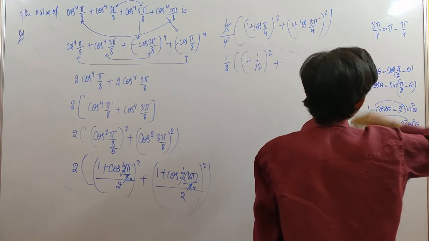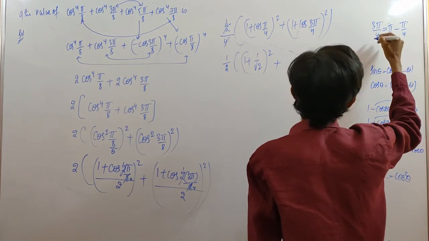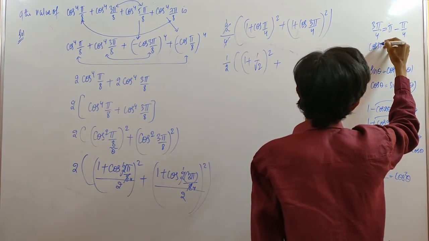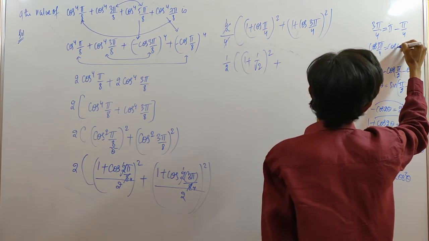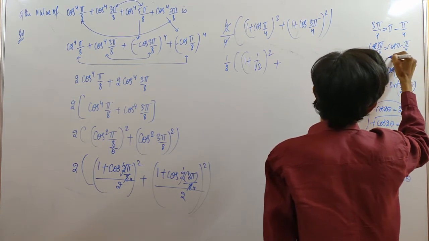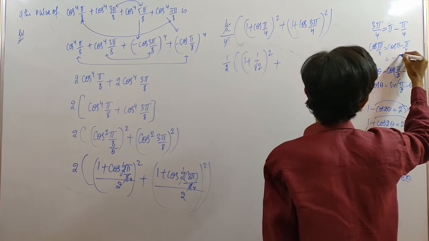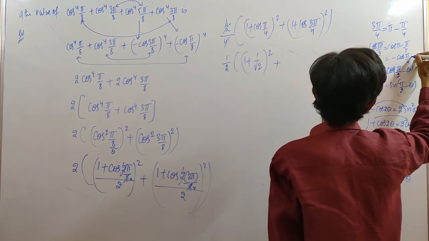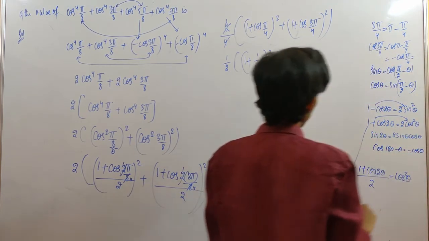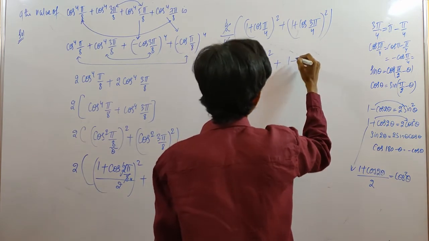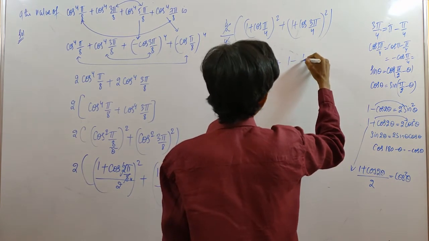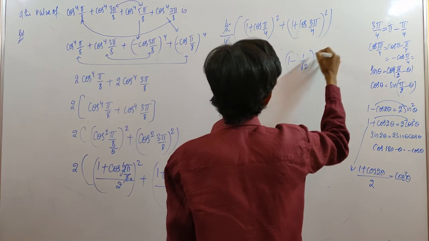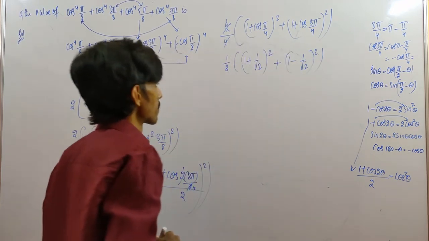Apply cos here: cos 3 pi by 4 is equal to cos(pi minus pi by 4). Cos(180 minus theta) is minus cos theta, so it will become minus cos pi by 4. So the value will be (1 minus 1 by root 2) whole square.